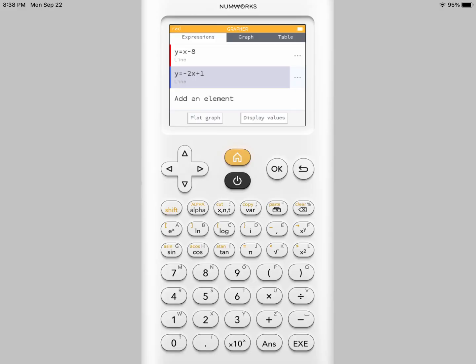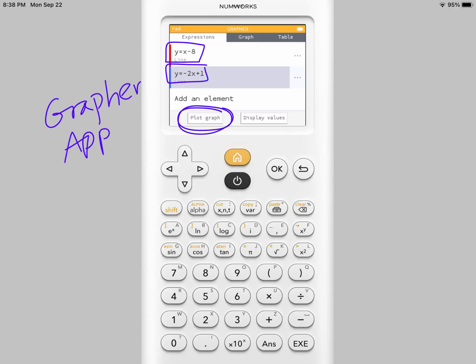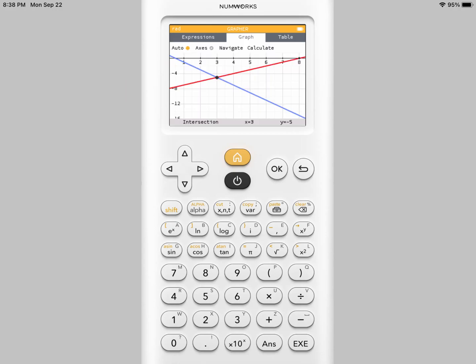So I'm in the Grapher app, and what I'm going to do is type in the 2 equations on the paper. I've typed them in. Then I'm going to go down here and click Plot Graph. When you do that, your graph will look like this.